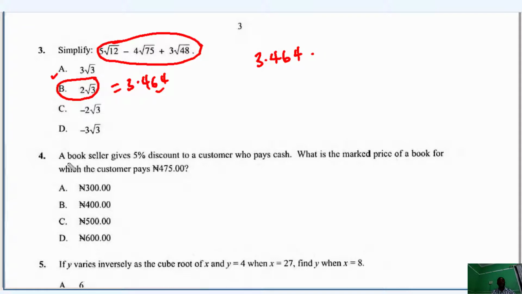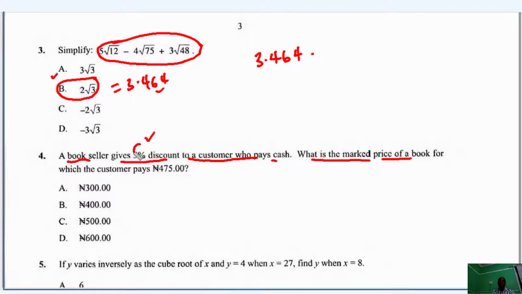So move on to question 4. A bookseller gives 5% discount to a customer who pays cash. What is the marked price of the book for which the customer pays 475 Ghana cedis? So discount is a deduction.